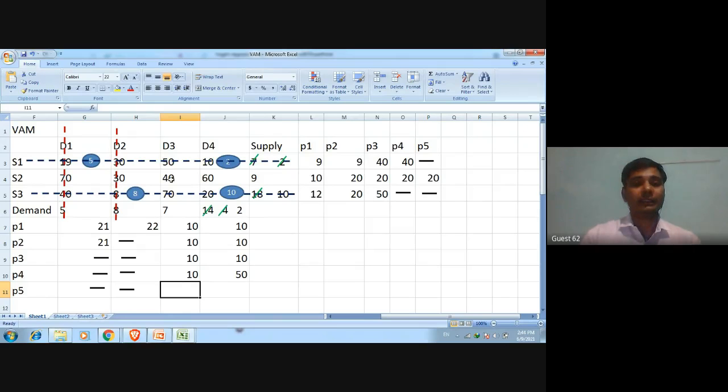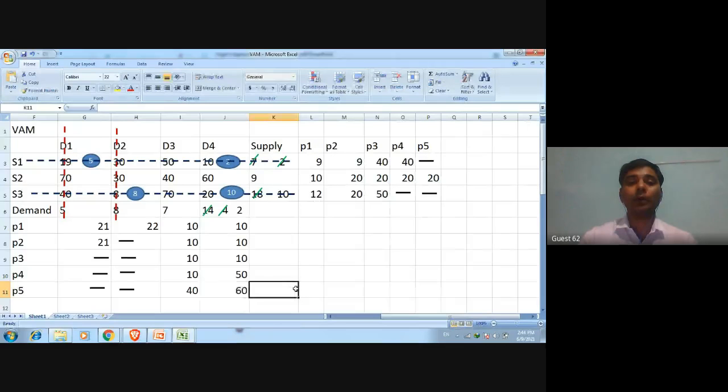Column D3 has only one quantity, that is 40, so we will write down 40 here. Column D4 has only one per unit transportation cost, that is 60, so we will write down 60 here.